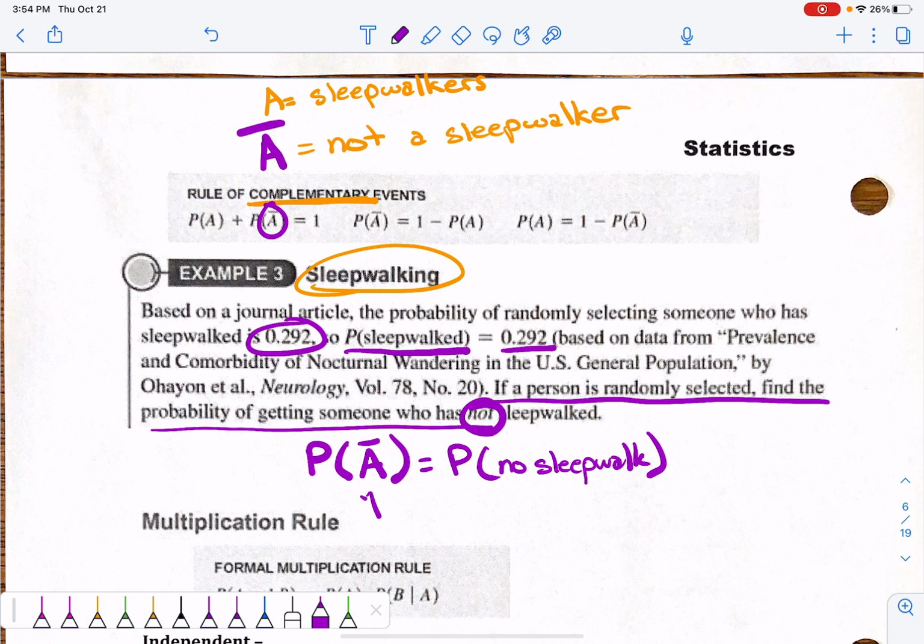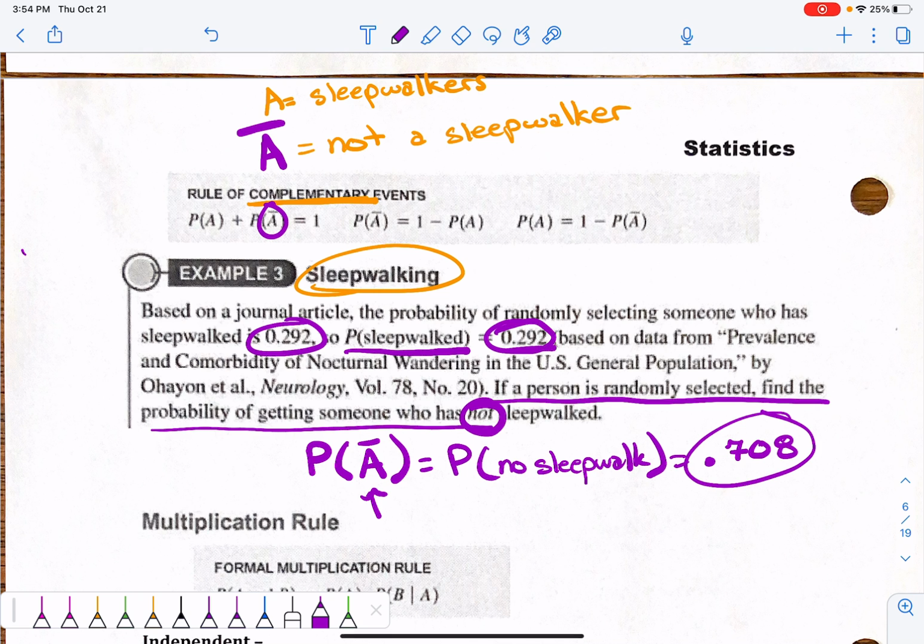Okay, and this notation is what you'll use. If the probability of yes sleepwalking is about 29%, then the probability of no sleepwalking would be about 70.8%.